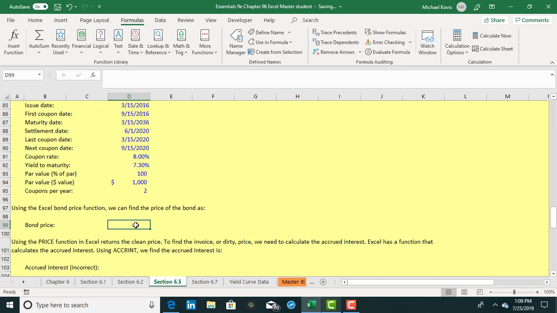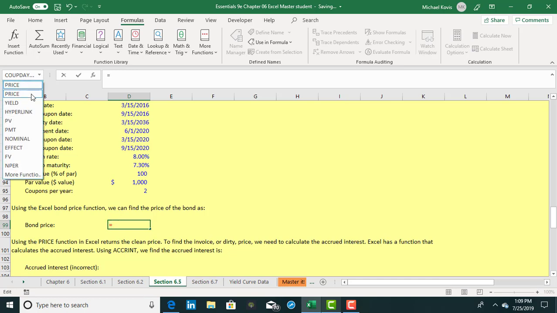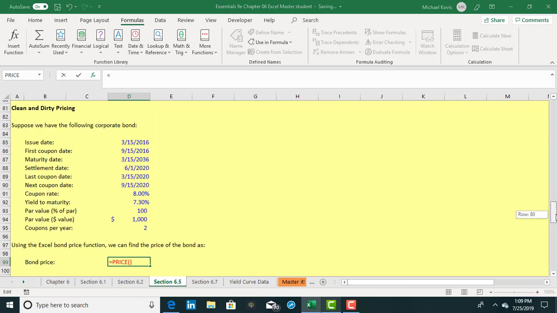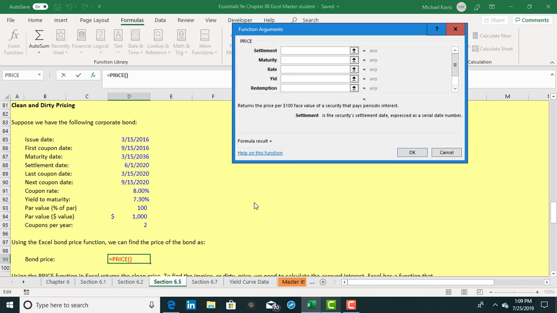Alright, so whoops, if I get the right date. So settlement date is going to be settlement date, and then we build to maturity. Let's see, we need to get redemption.